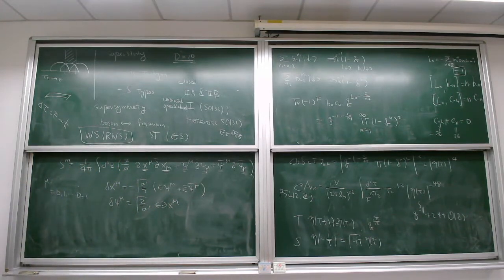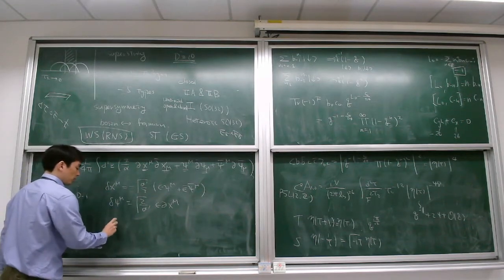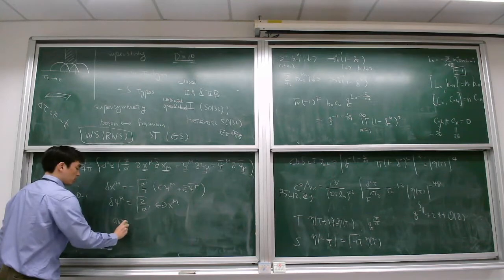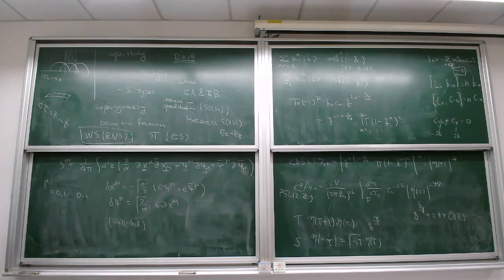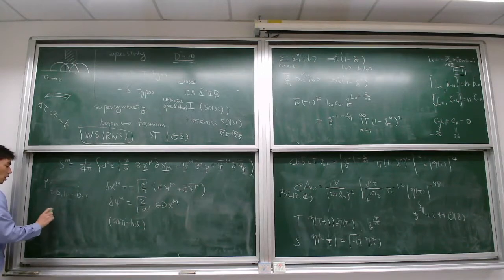I'm not going to write it down. So this action is invariant under this transformation. This is called the Wess-Zumino supersymmetry transformation, the SUSY transformation.